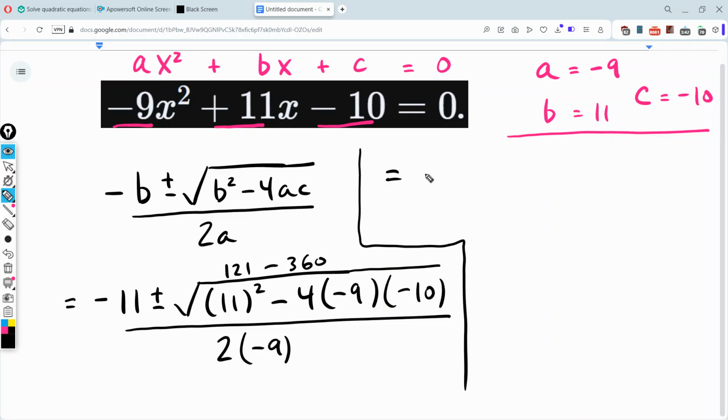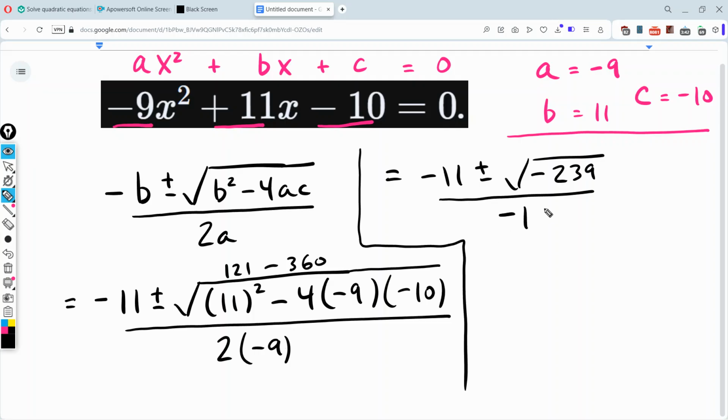So we have negative 11 plus or minus the square root. 121 minus 360, that's going to be negative 239. And that whole thing is divided by 2 times negative 9.